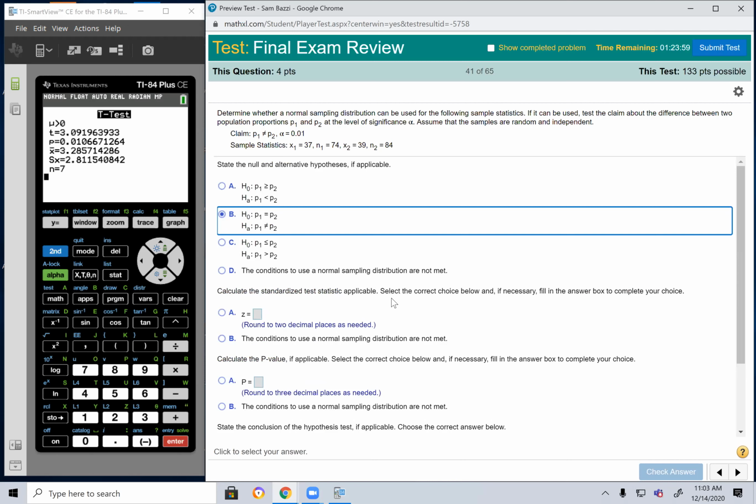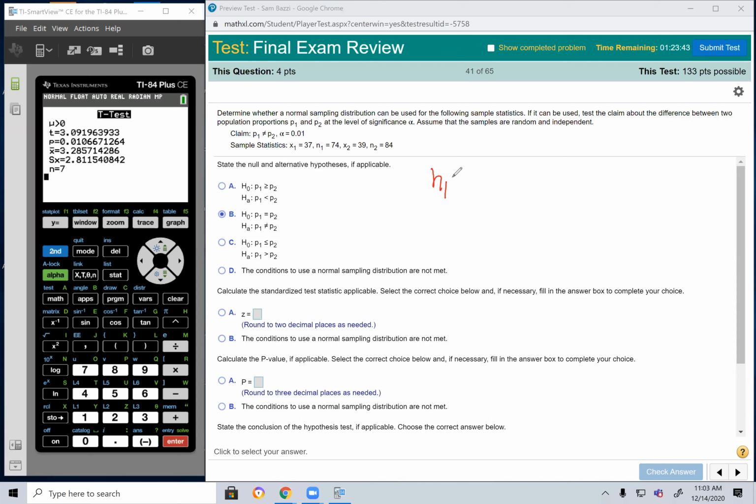What are the conditions of the test? Well, I might not ask you to verify the conditions of the test, but this is how you verify them here. So you do N1 P1 must be greater than 5. N1 Q1 must be greater than 5. N2 P2 must be greater than 5.